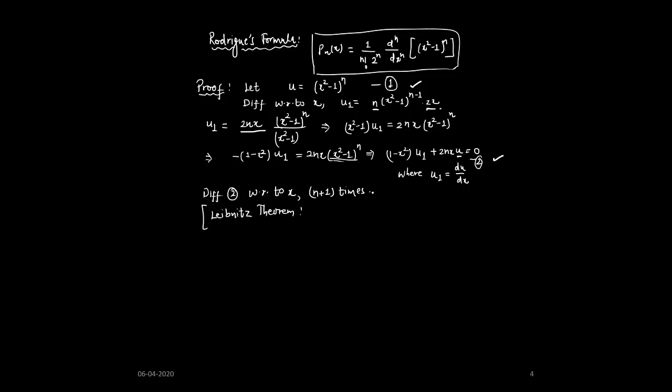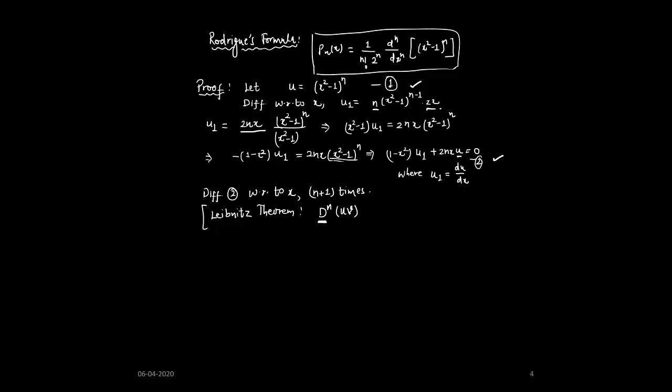So Leibniz theorem states that if we have two functions u and v, both functions of x, then dn is denoting the nth derivative of the product of those two functions.